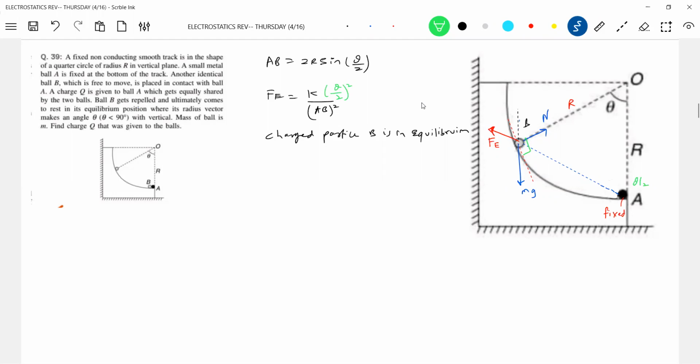So I think some mathematics you have to bring in. The tangential forces. First thing, we need this angle. Sum of this total triangle is 180 degrees. So this angle, we'll take it alpha. 2 alpha plus theta is 180 minus theta, so alpha will be 90 minus theta by 2.